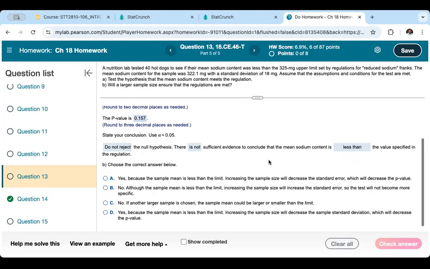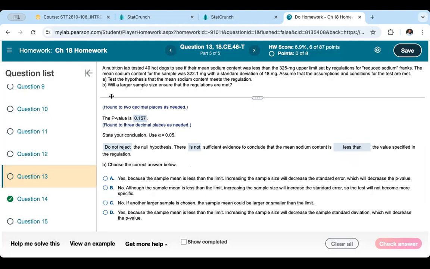Let's get to B. Who would help us with B and why? B is saying, will a larger sample size ensure that the regulations are met?